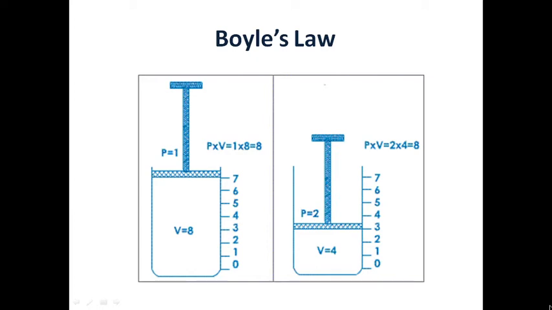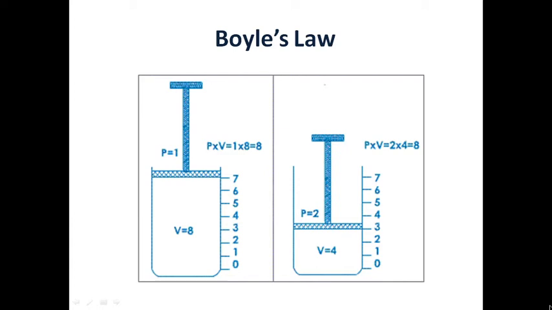See, on the left-hand side we have a container in which a piston is applied. The volume is given as 8 units. From the piston we are applying pressure, and that is 1 unit. See, the product P into V is 1 into 8, that is 8. Suppose pressure is increased by the piston, the pressure is now 2 units.